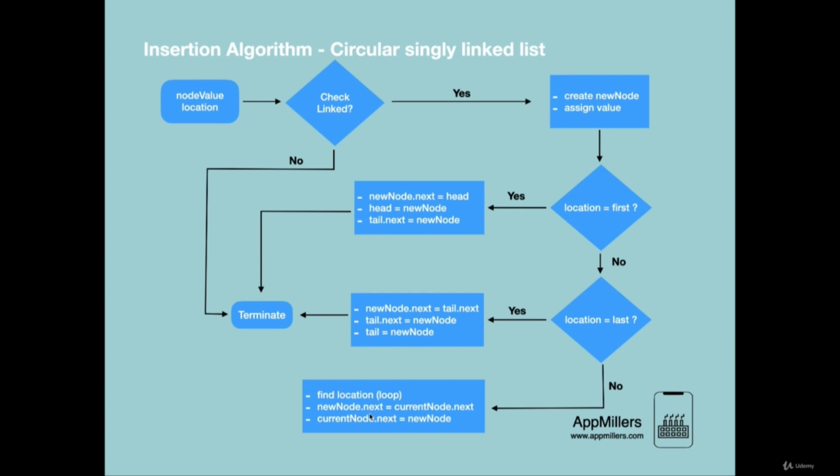Then we change the current node's next reference to point to the new node. With this, we insert the new node between the current node and the next node. After performing this operation, we terminate our algorithm, because with this we complete an insertion of a new node in the middle of the circular single linked list. So with this, our insertion algorithm is completed.